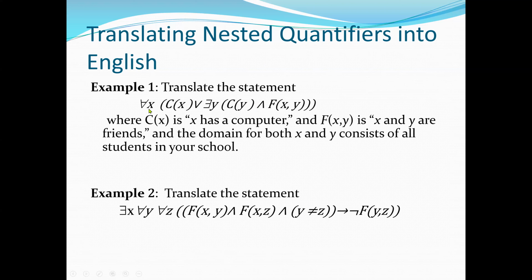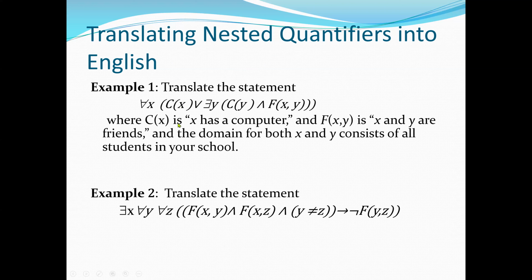So we have for all x, C(x) or, and some y, C(y) and F(x, y). Here we say C(x) is x has a computer, and F(x, y) is x and y are friends, and the domain for both x and y consists of all the students in your class.